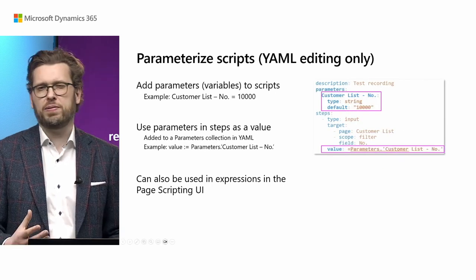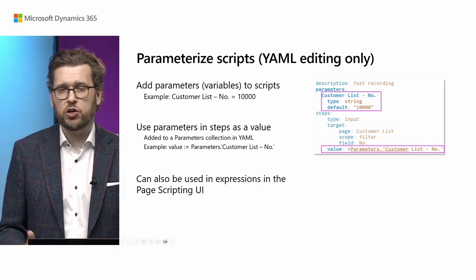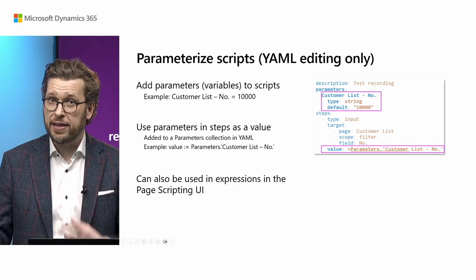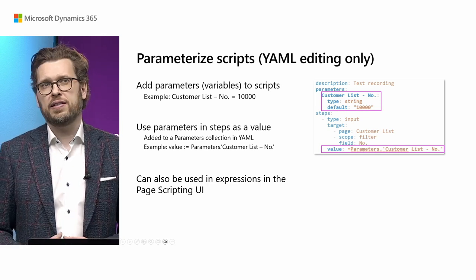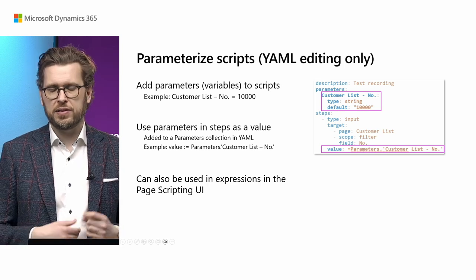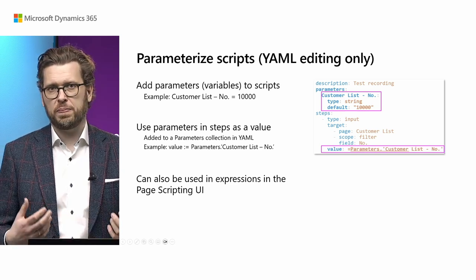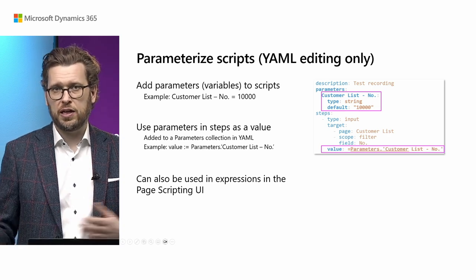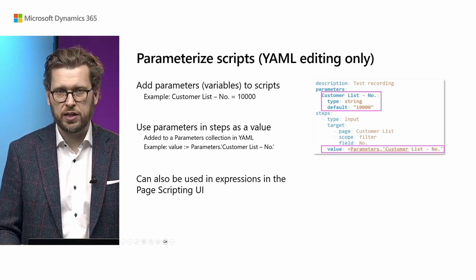Now, there are a couple of powerful scenarios that we currently only support in YAML. So you have to edit them in the YAML. They are supported when you play them in the client, but there isn't a page scripting user experience in the client for doing these things, only in YAML.